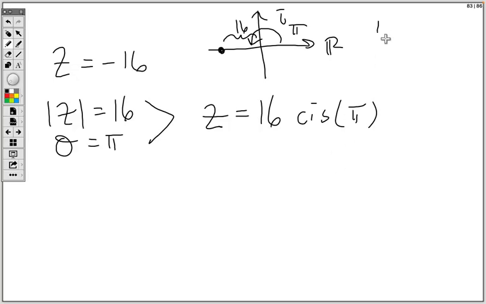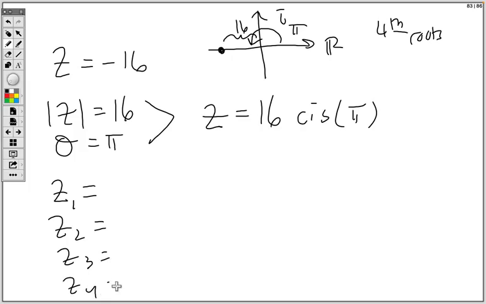I want the fourth roots. I know there's going to be 4 of them. The modulus of each of these is going to be the fourth root of 16, which is 2.